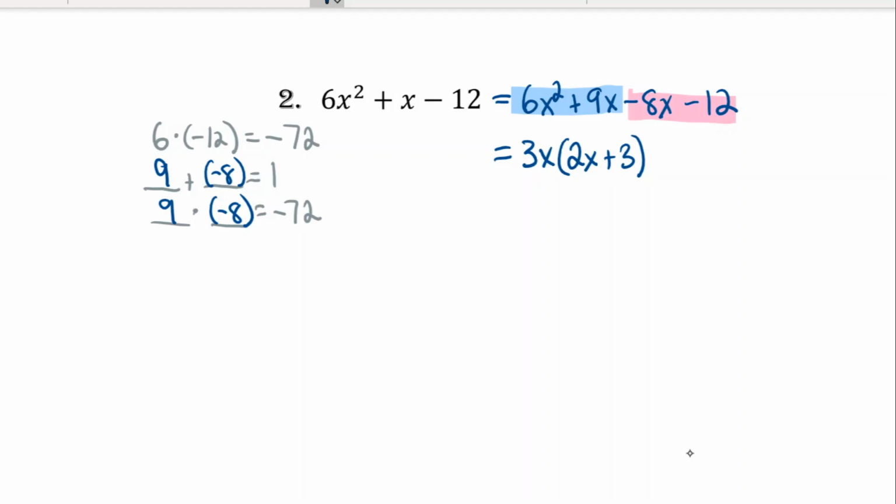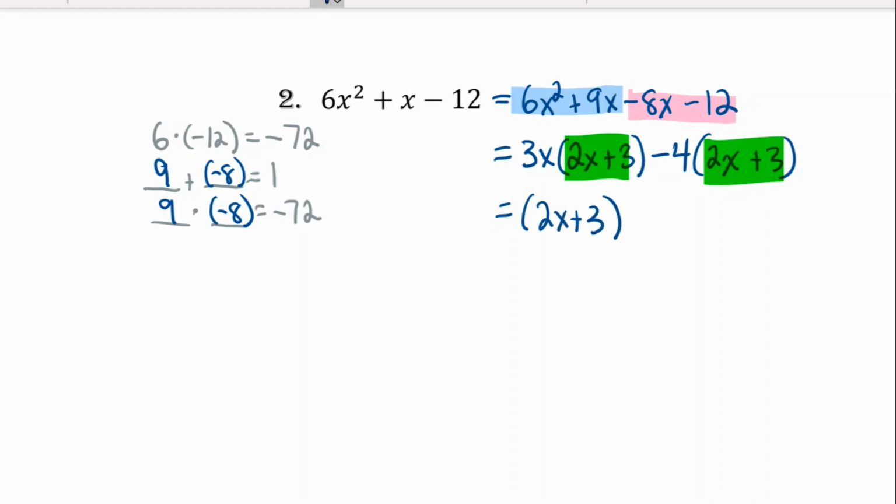So we can do a negative 4 here. Negative 4 times 2x gives me negative 8x. Negative 4 times 3 gives me negative 12. Oh, nice. Look, it'll always work for you. Same thing in both. And we got 2x plus 3 and 3x minus 4 here. And we're done.